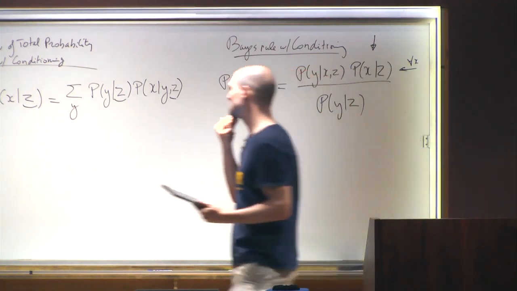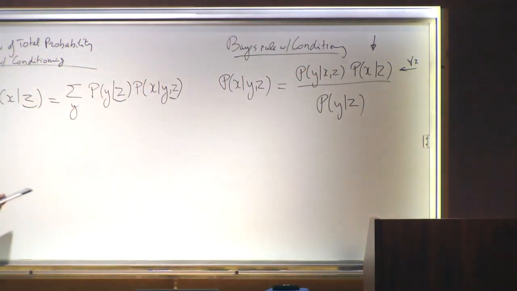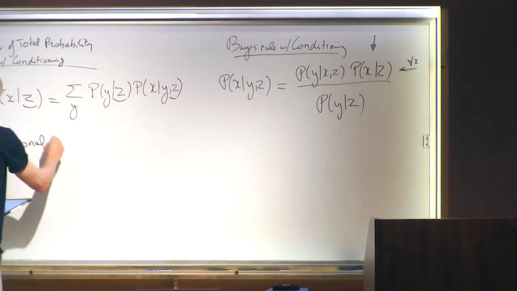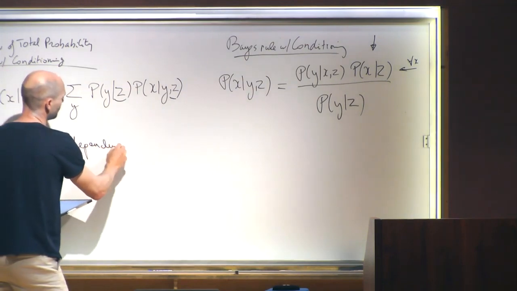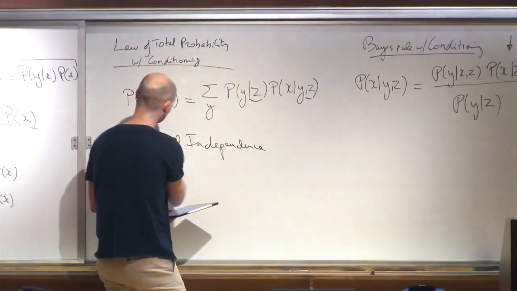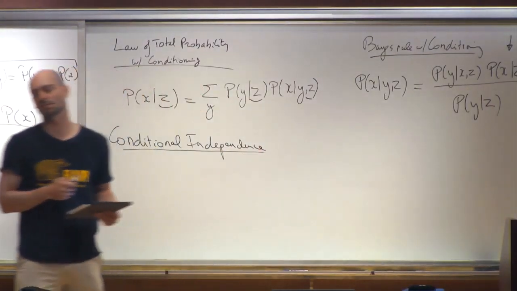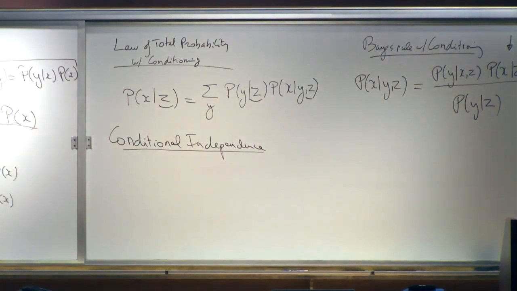Then another concept that will be very important is conditional independence. So conditional independence is a lot like independence, but a little less strict. Independence is a property that in some sense is nice because it simplifies the math whenever you run into it.